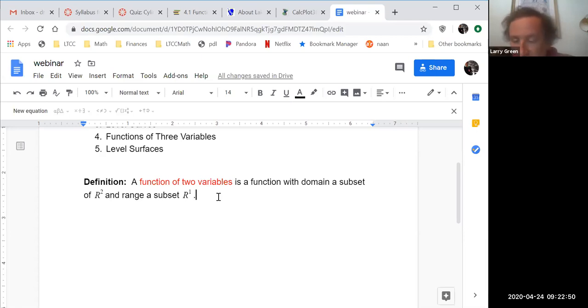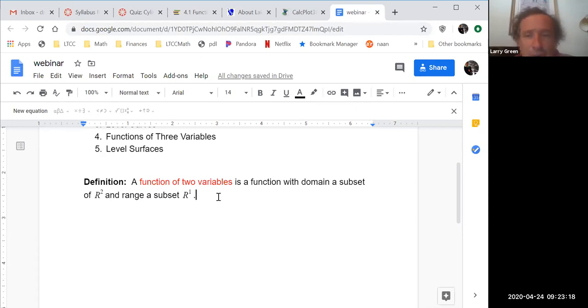Okay, by the way, is an ellipsoid a function of two variables? The problem is an ellipsoid. Let me give you an example. Say x squared over 4 plus y squared plus z squared is 1.